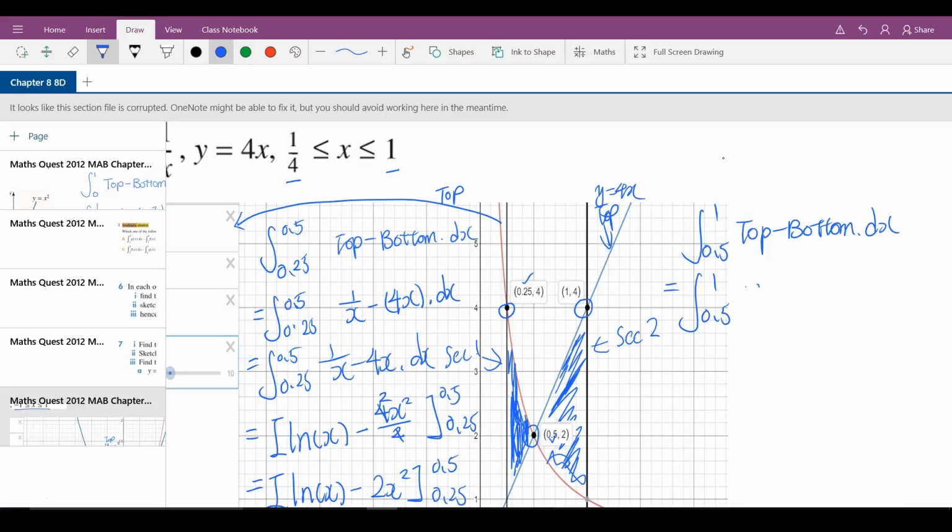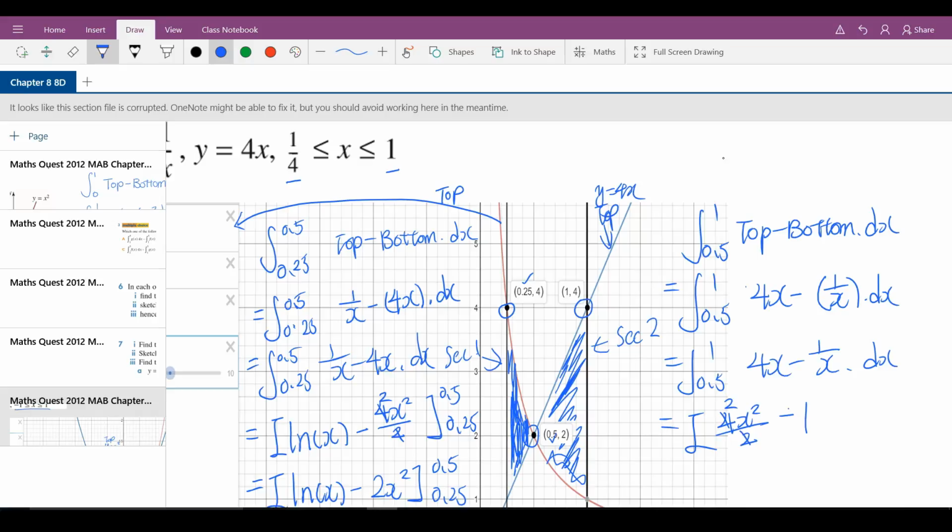So it's 4x minus 1 over x. Expand the bracket and then start integrating. It should be the same as before. Things don't really change. The operations change, some from negative to positive, some from positive to negative, but you get the gist.